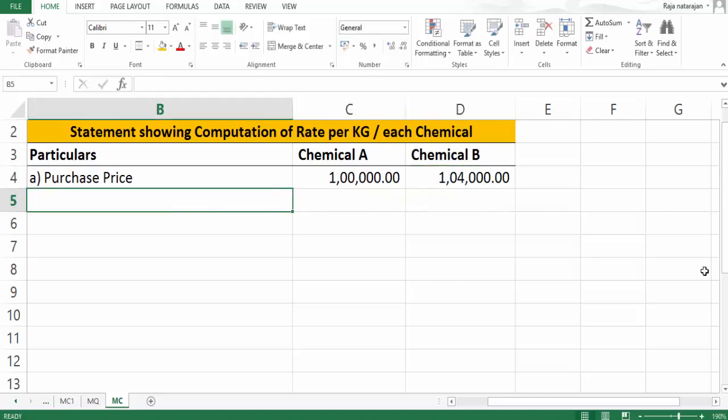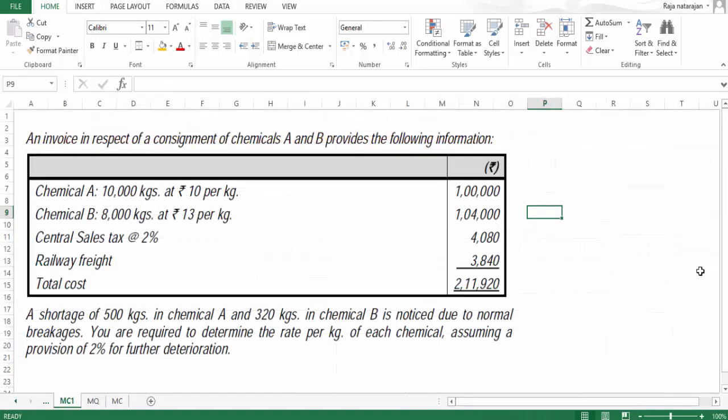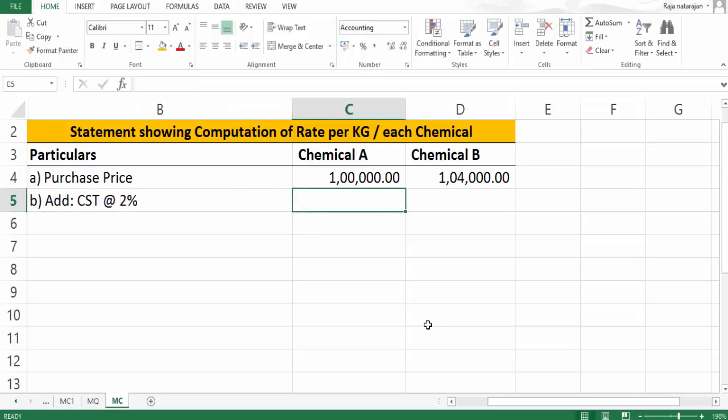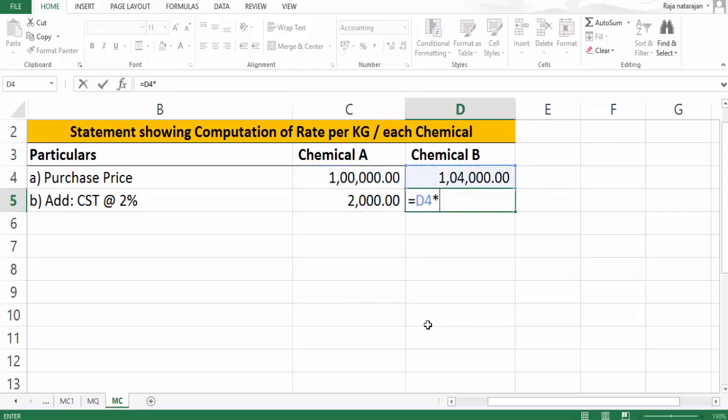Now with this, let us add the taxes. CST is at 2%, so let's directly add that. Add CST at 2%: 1 lakh into 2%, 2,000, and here 1 lakh 4,000 into 2%.